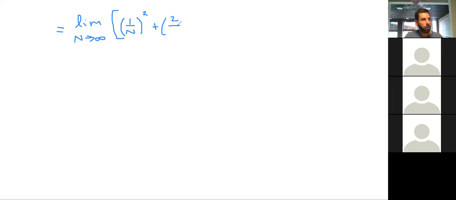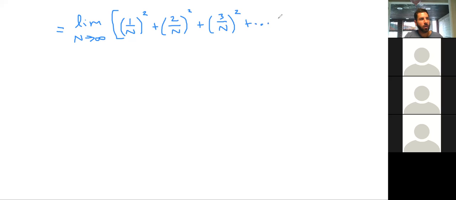So the sum says I start with k equals 1, and then I add it all up. So what this sum says I'm doing is I'm taking the following. I'm taking 1 over n squared plus 2 over n quantity squared plus 3 over n quantity squared.